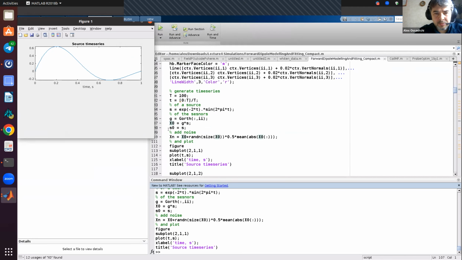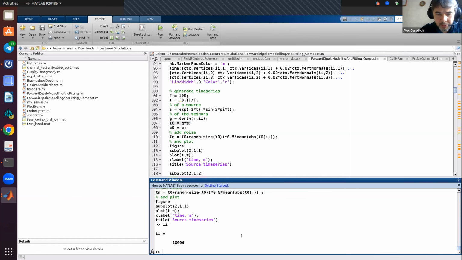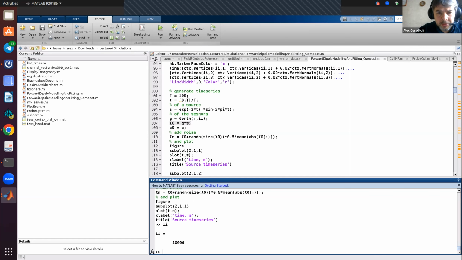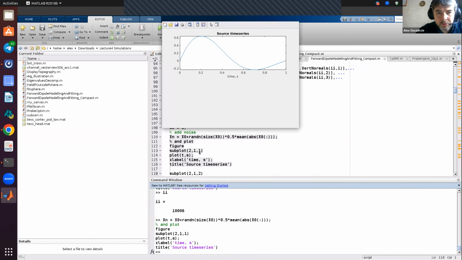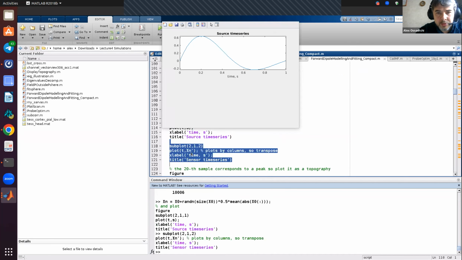We've taken the source with index II, whatever it is, 10,006, and we simply took the topography of this source and multiplied it by the activity of the source, and we obtained the data. And then we added some noise to the data. Here is the source, and here is the data.